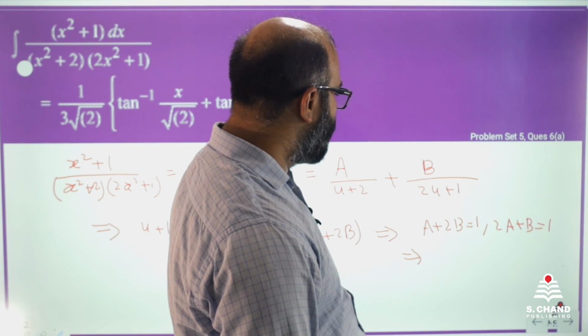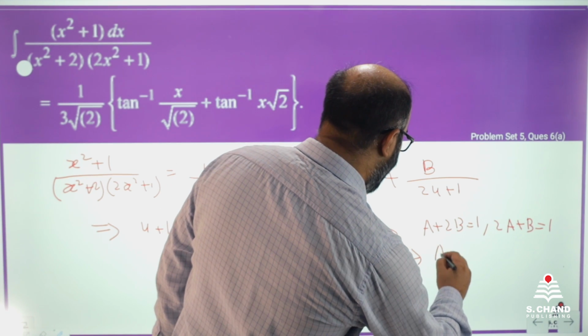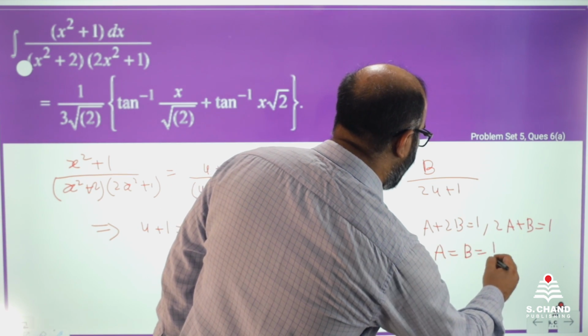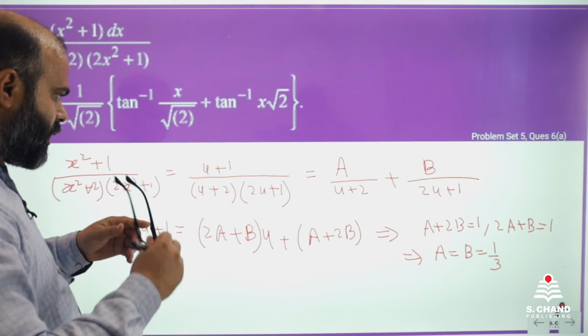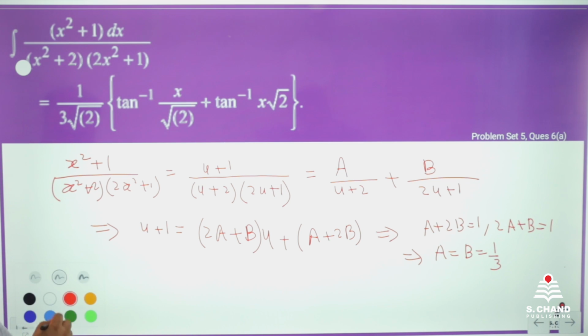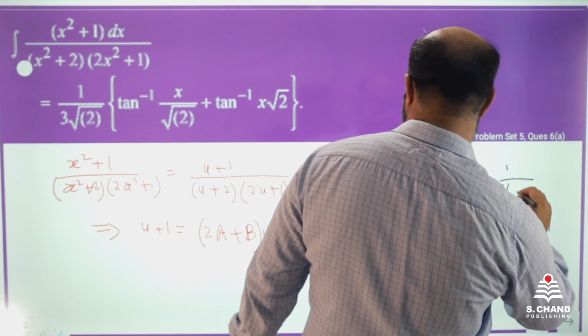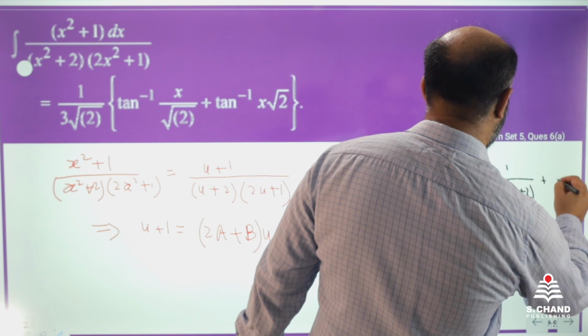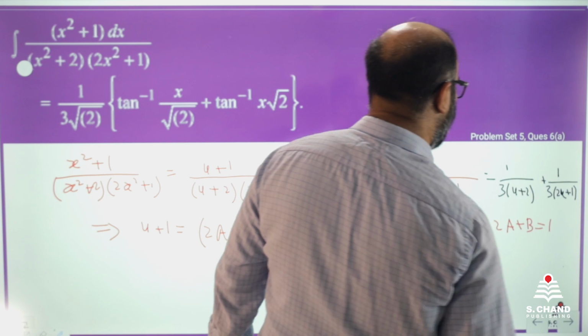If you subtract, you will get a minus b is equal to 0, that is a equal to b. So a is equal to b, which is equal to 1 by 3. So a and b both are equal and they are equal to 1 by 3. So you can write this one as 1 by 3 (u plus 2) plus 1 by 3 (2u plus 1), like this.